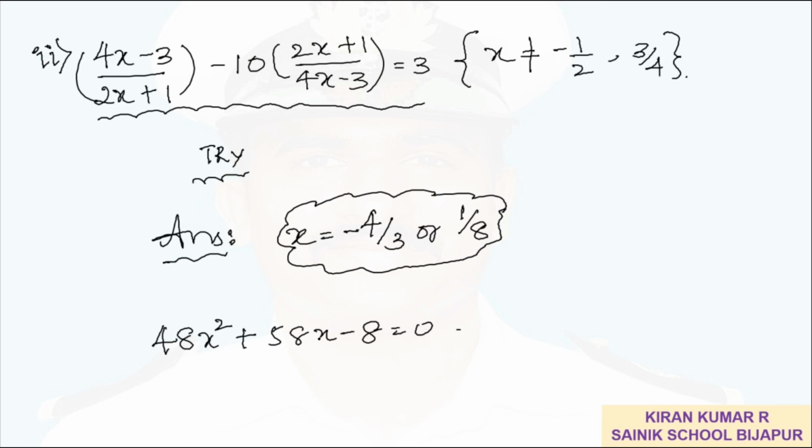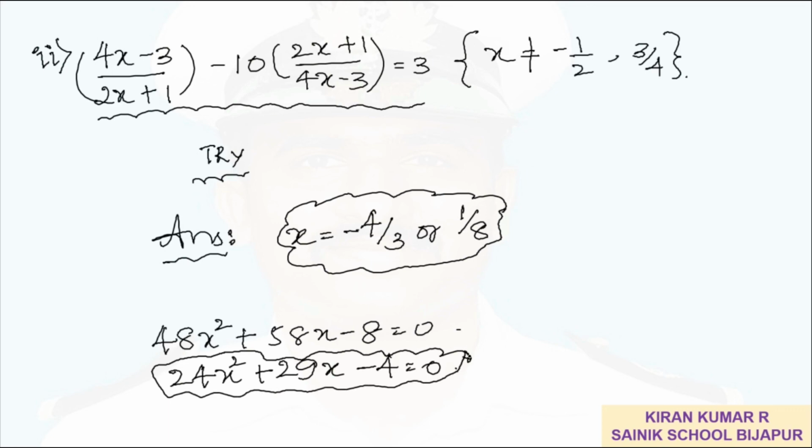Or else you can take 2 common, so 24x² + 29x − 4 = 0. Probably you'll arrive at this equation. If you are getting this equation, you will get the roots as −4/3 or 1/8. I want you to try this.